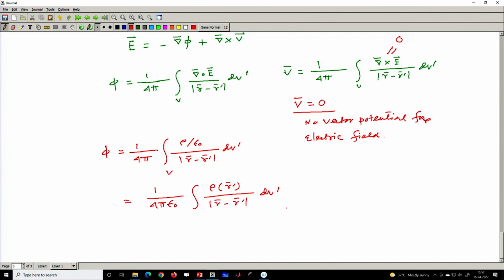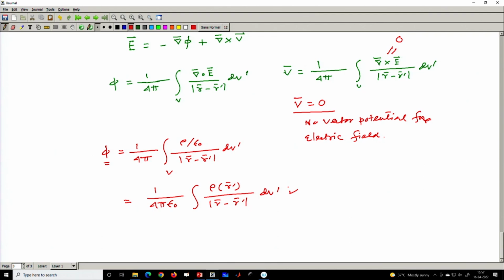Okay, no vector potential for the electric field, but the scalar potential is there, and the scalar potential is simply this, and that is precisely today's task.